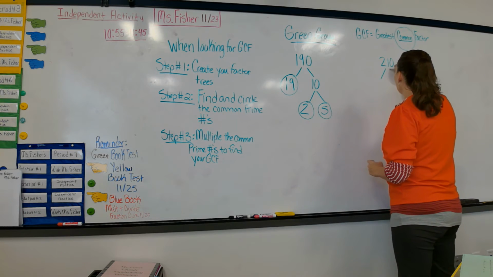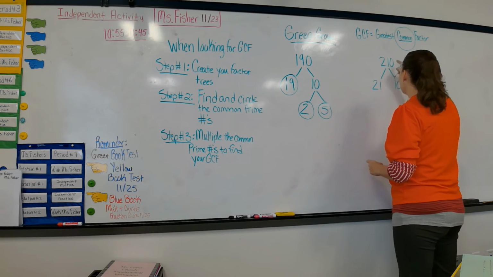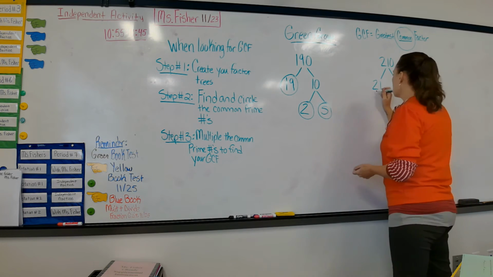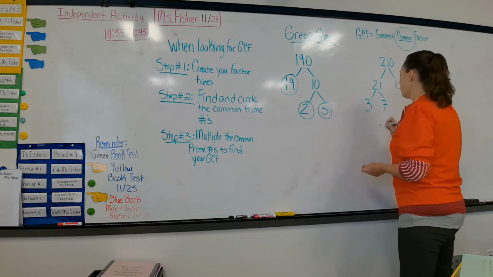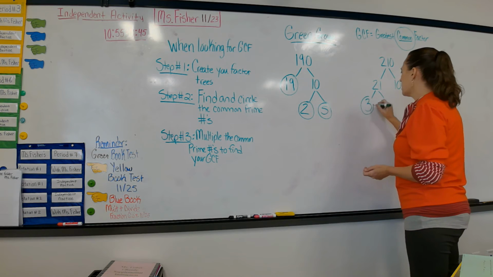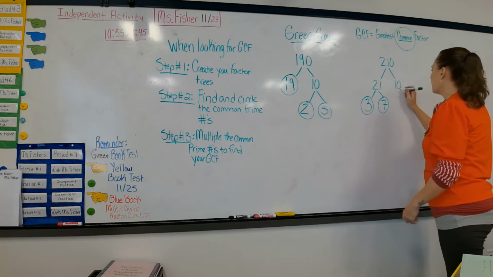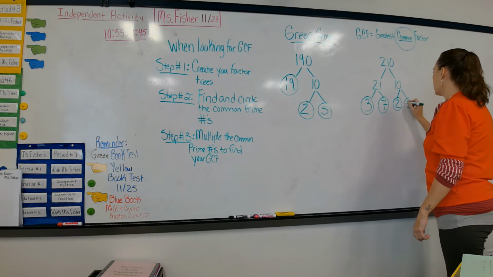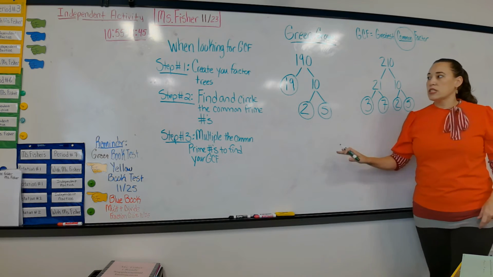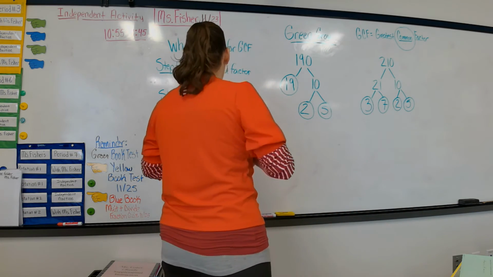So now this one I'm going to divide by 10, so 21 times 10 gives me 210. 21, you can say 3 times 7 will give me 21. Both of these are prime numbers, so you circle them. And again, we have 10, so you're going to say 2 times 5, and they're both prime numbers, so you circle them. So step 1 is done. You created your factor tree, and you're ready for step 2.